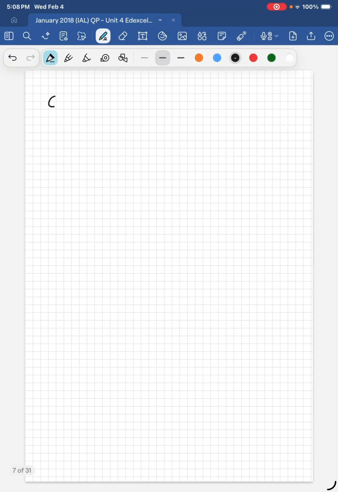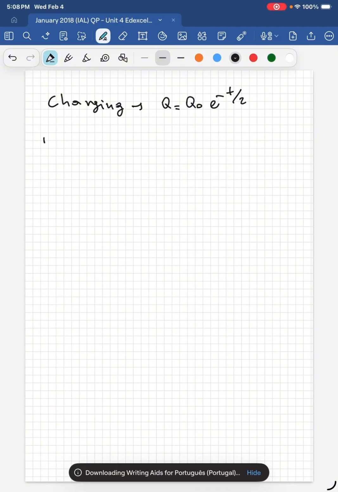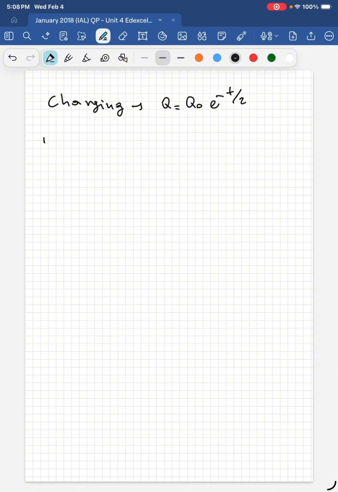So for discharging of a capacitor, Q is Q naught e to the minus t over tau. Sorry, discharging. Okay, for charging now, the equation is Q is equal to Q naught times 1 minus e to the minus t over tau.